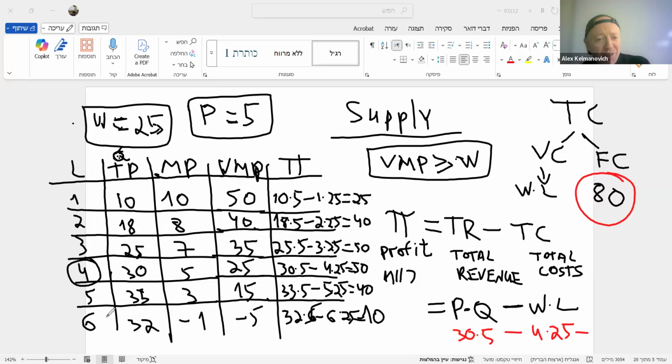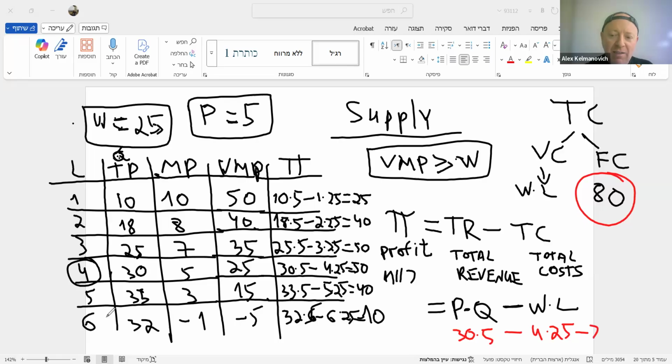Maybe you can do that in reality, but if you heard what I said in the beginning, we live in a perfect world of perfect competition, and you can't raise the price even by 1 agora. In our models, the market price is like God. We can't do anything with the price.